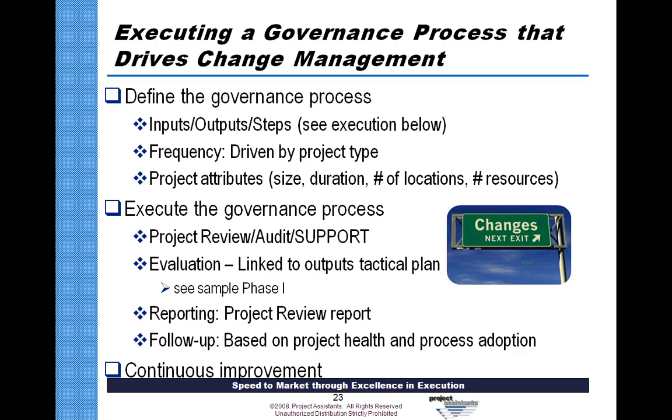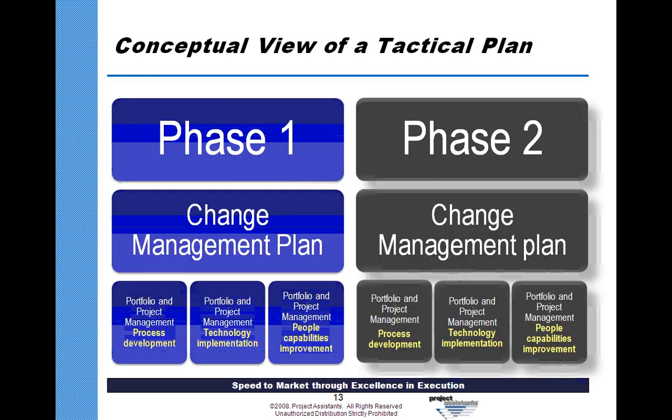We may be talking about a phase 1 rollout that's going to be followed by a phase 2 rollout. So continuous improvement would be, okay, we had a set of standards we're following for how we do processes and technologies and people capabilities for phase 1, but now we're thinking about actually implementing an improvement. We're going to roll a phase 2 out that says not only are we going to track our actuals at the project or the phase level, but now we're going to drive it down to the WBS level.